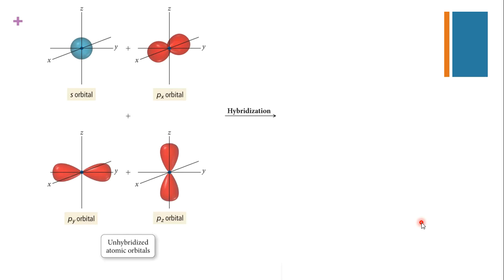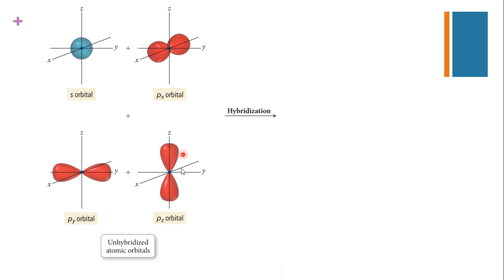Okay. So here's the hybridization process in pictures. Instead of just having lines or boxes for orbital diagrams, now we're going to look at the actual 3-dimensional models, the actual orbitals. So we are going to hybridize an s orbital, which is a sphere, and 3 of the p orbitals.